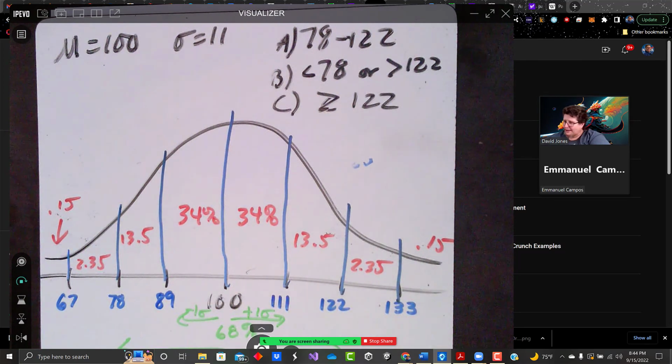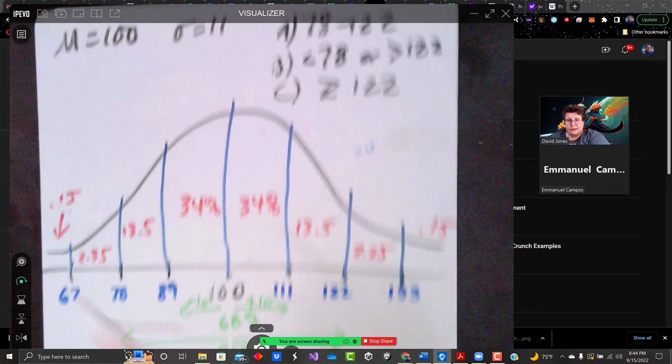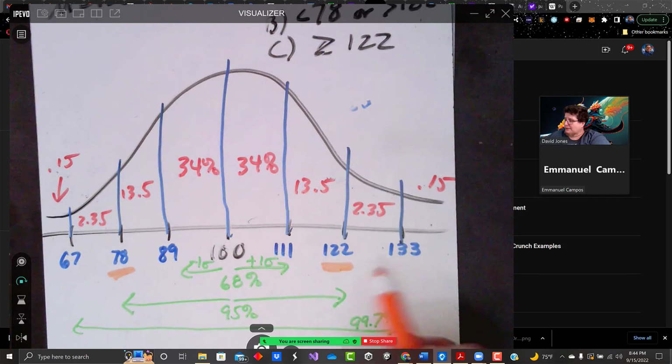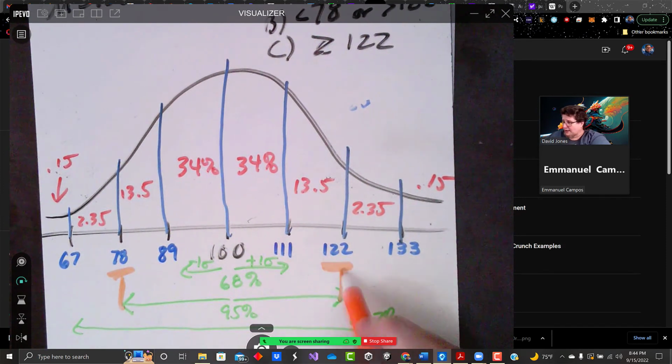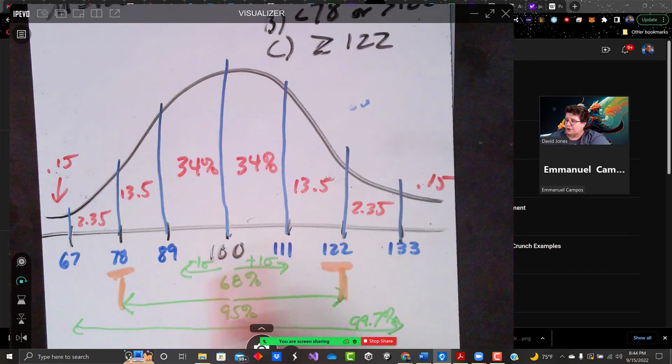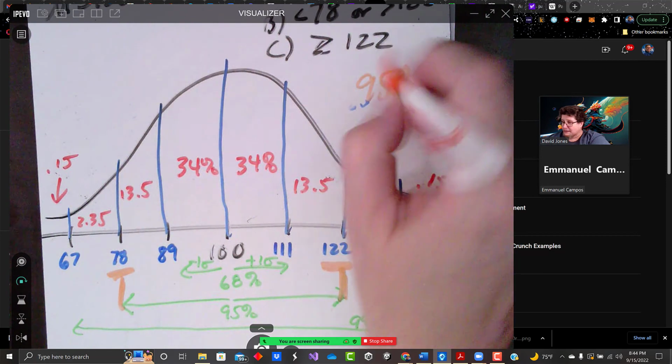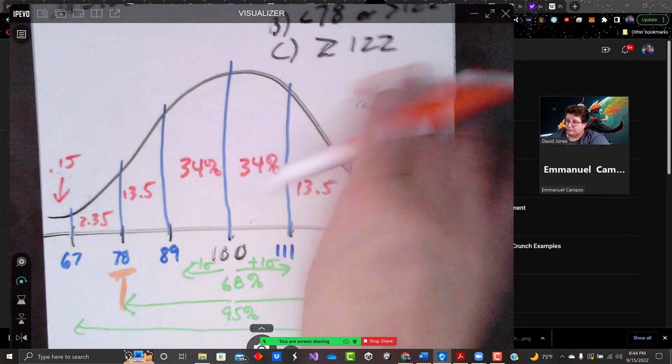Where do I have that on my range? 78 is right here. 122 is right here. That conveniently lines up with this. So it's 2 deviations. The answer there is 95%. So that's the answer to A.